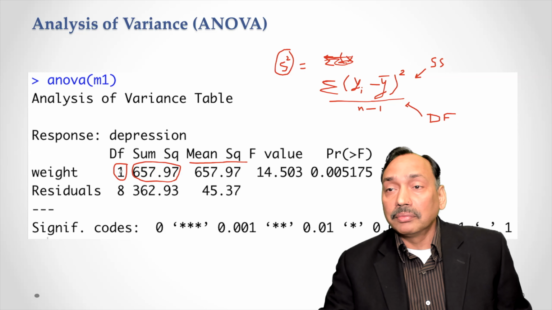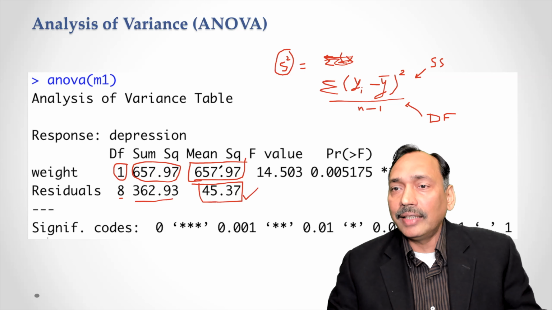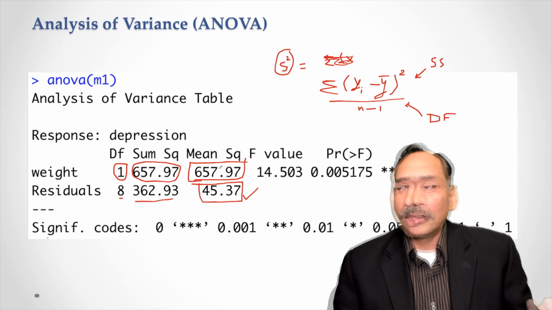If your model is worth anything, you should expect the mean square due to the regression to be much higher than the error. If the error and that number are equal, obviously there is no value in that model. So you want the first number to be much bigger if your model is really useful.